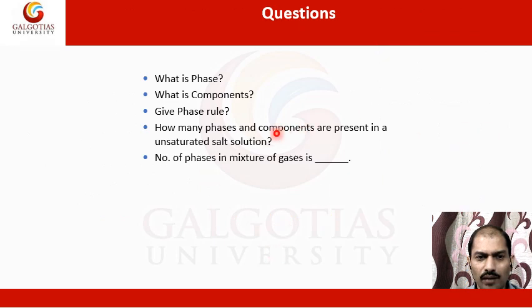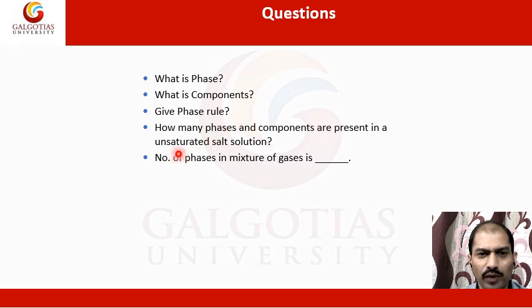So now there are a number of questions which can be formed from this overall lecture, like what is the phase, give some example of phases, what is the component, and what are different component systems, what is the phase rule, what is the expression for the phase rule, how to express it, what is the meaning of different terms used in the phase rule equation.